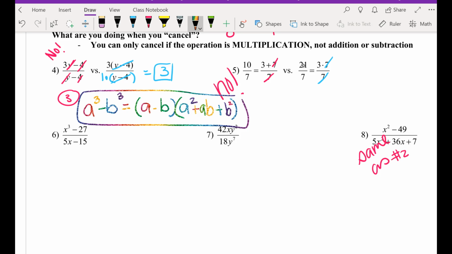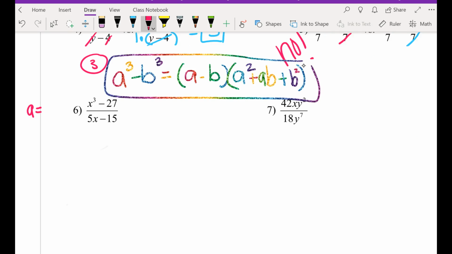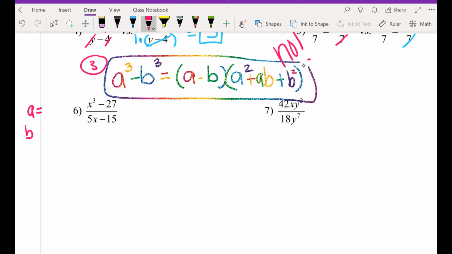Guys, if you don't remember this, you should write this down. Now, on your question, you have x to the third minus 27. Justine, what would a be in our problem? X. Perfect.